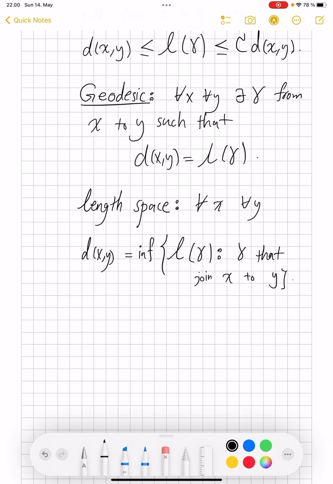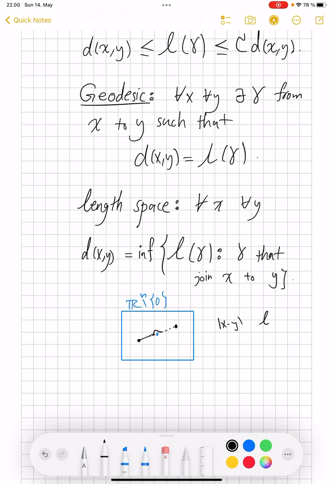Here the famous example would be you have your R^n and then you remove just the center. If you have x and y on opposite sides of this origin, the shortest path giving you |x minus y| would be the straight line, but that is not a path inside your space. You have to always avoid this origin, and whenever you avoid that origin, you pay some price.